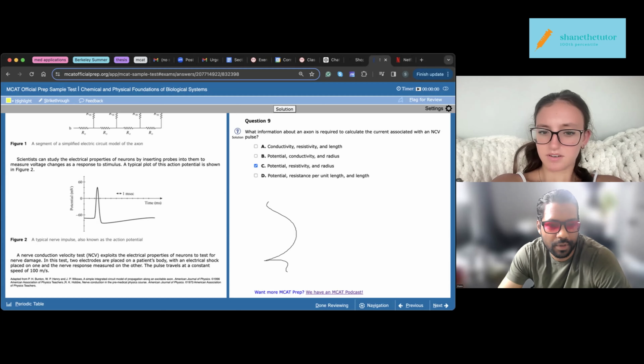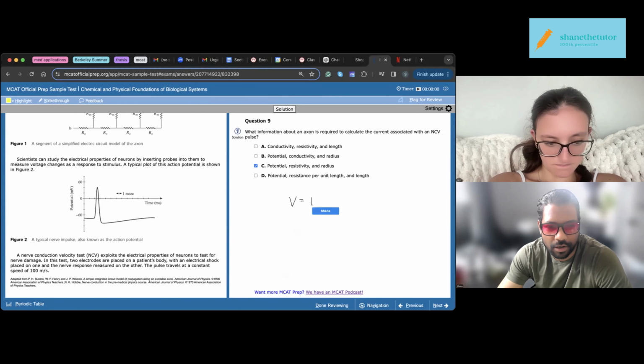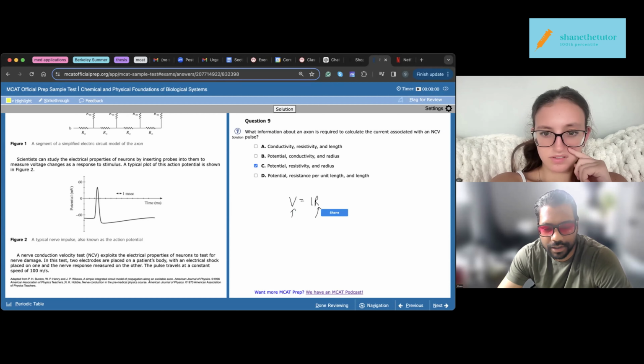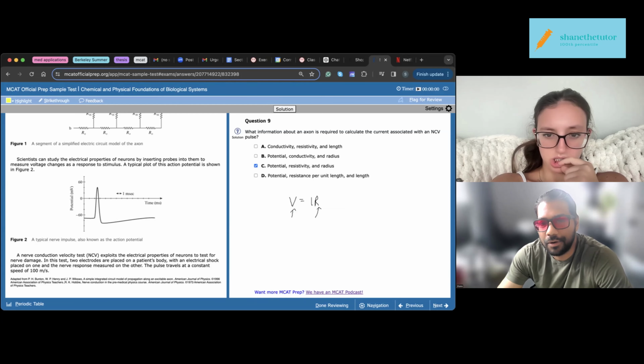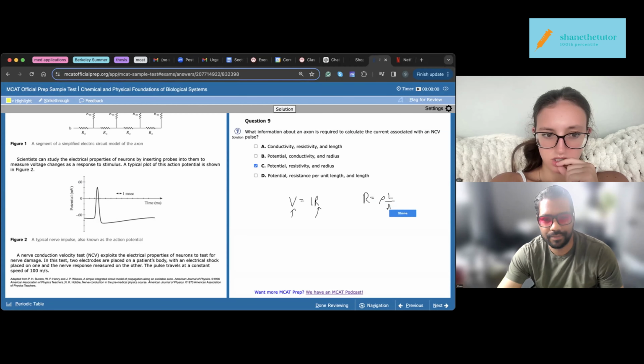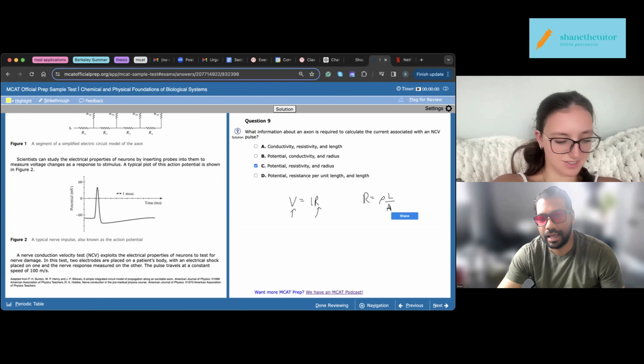Okay. So V equals IR, and so we need V and we need R. R is resistance, not resistivity. So R we could also express as rho times length over area.